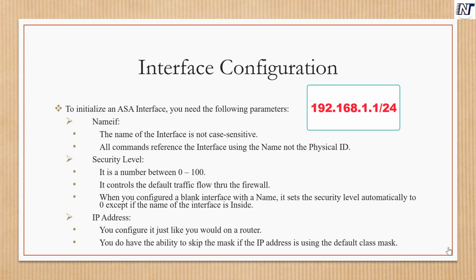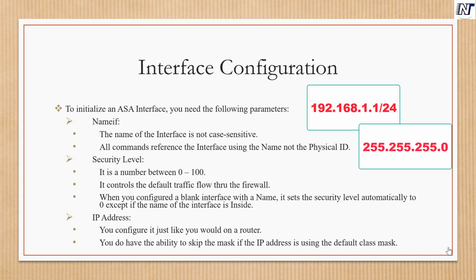So when you go back to the running config, you will see it is automatically set. That means it will automatically set the mask to 255.255.255.0, which is the default mask for this particular class.